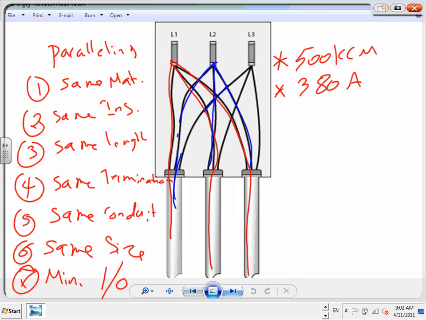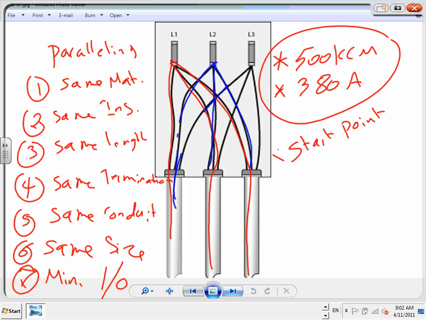So basically, anything higher than 400 amps, you start paralleling. I'm going to call these two guys the start point. Any question, guys, about the paralleling? I know this is a quick review of paralleling conductors.